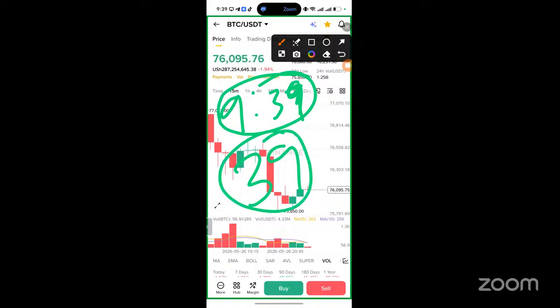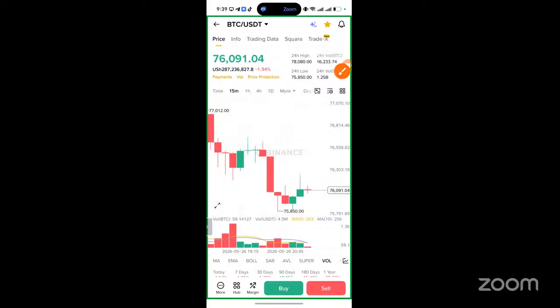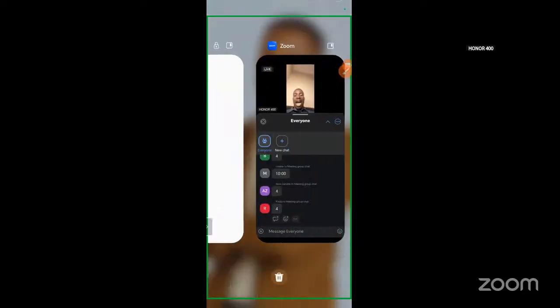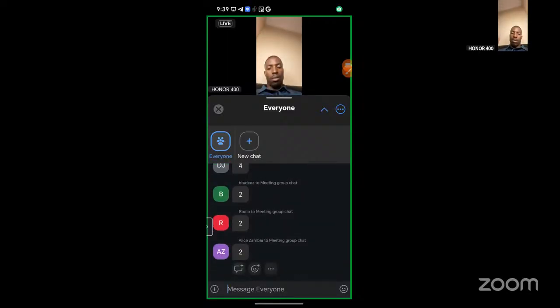How many 15 time frame complete candles are here? How many 15 time frame complete candles are in 29 minutes? Complete. Good. Very good.